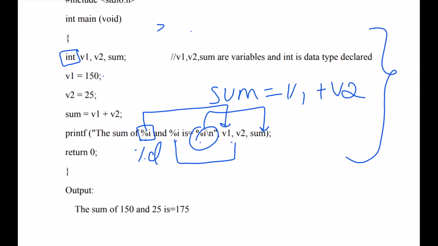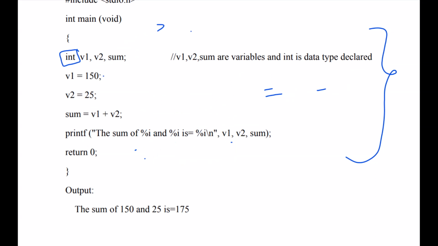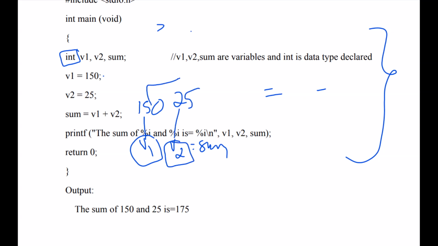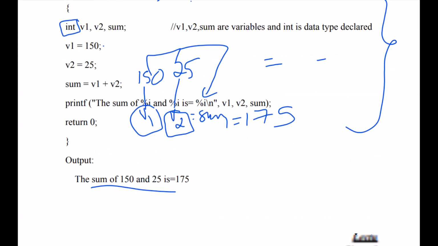So here v1 we have taken as 150 and v2 is taken as 25. So 150 plus 25, the operation is carried out and the sum is given as 175. So the output we will get is: the sum of 150 and 25 is 175.